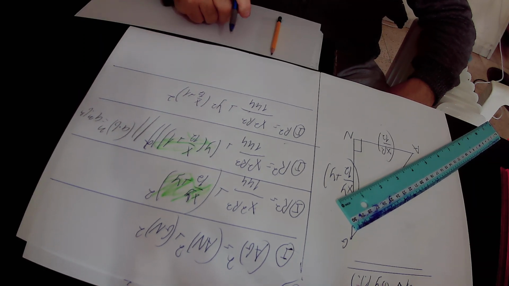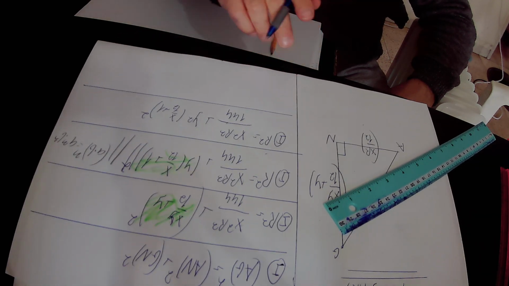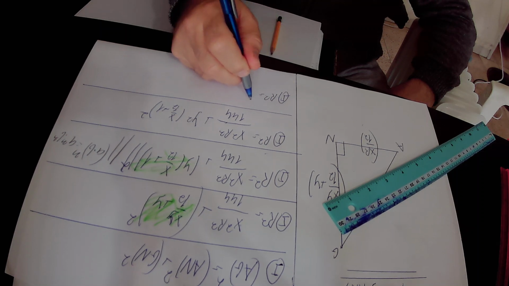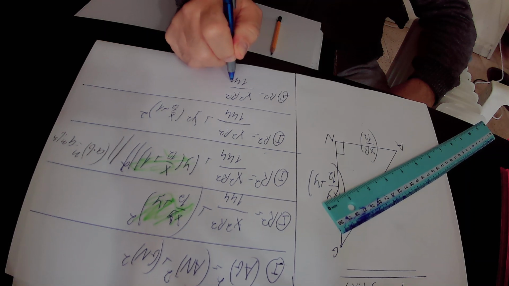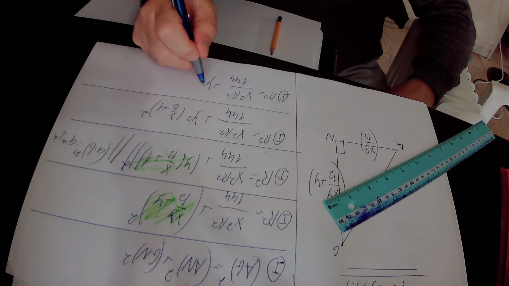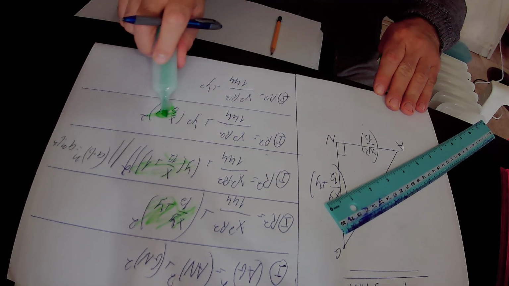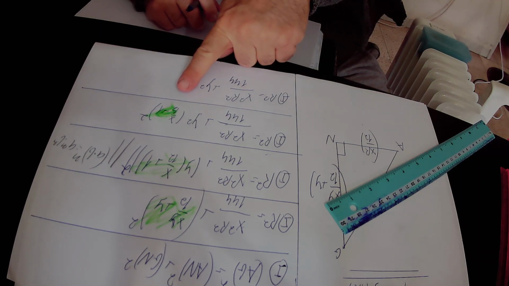Okay? So we found out that according to equation 1, R square equals x square times R square over 144 plus y square. Here we will multiply 1 by 12 and then we divide it by 12 in order to overcome the factor with x over 12.